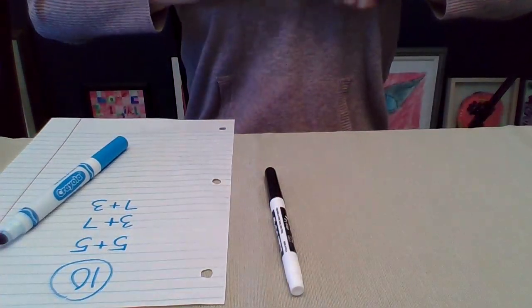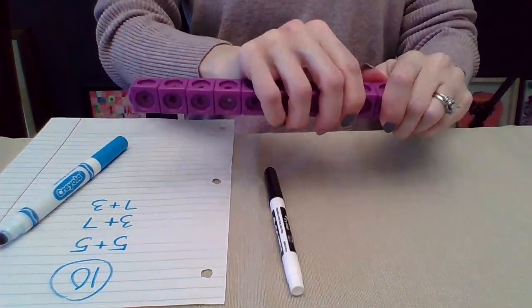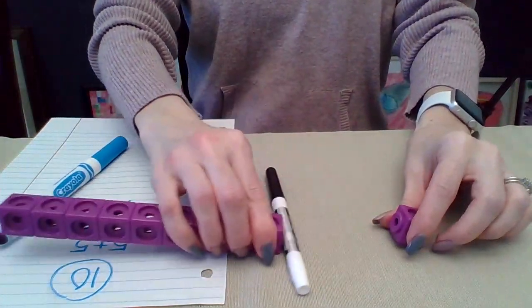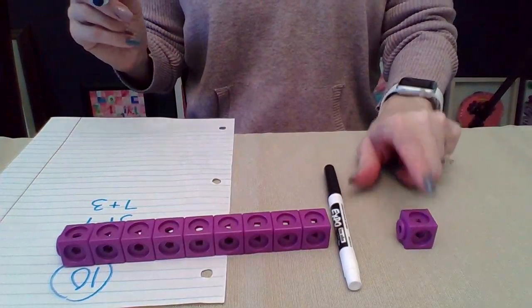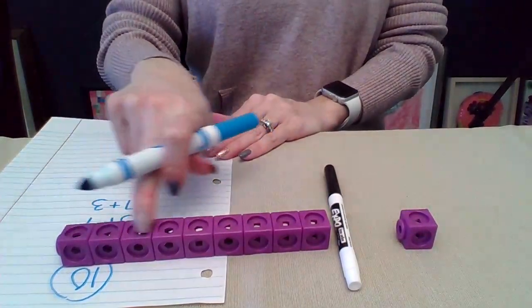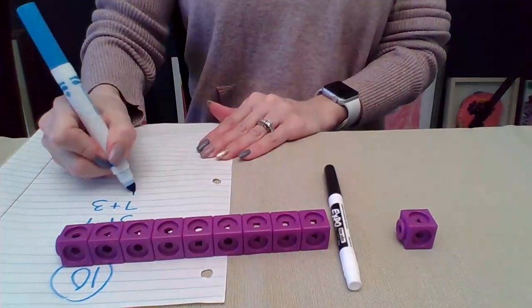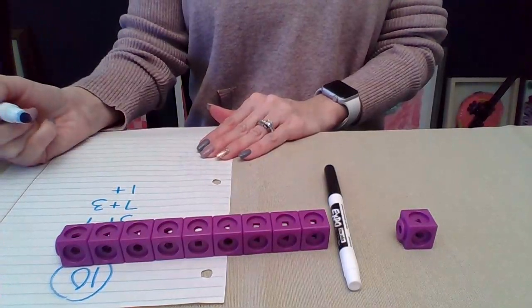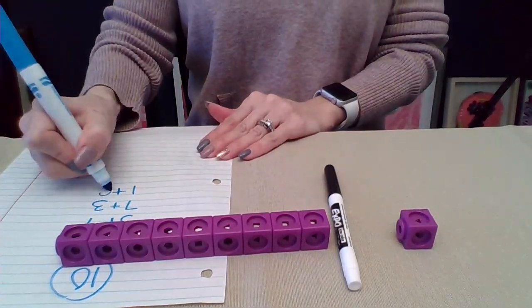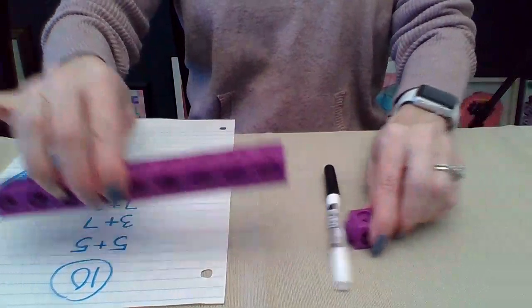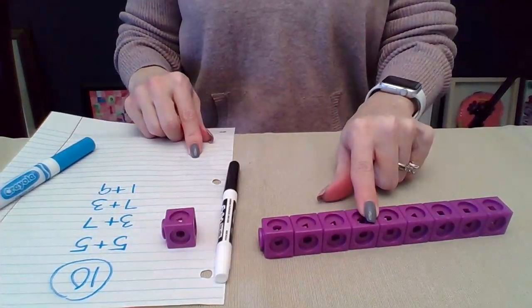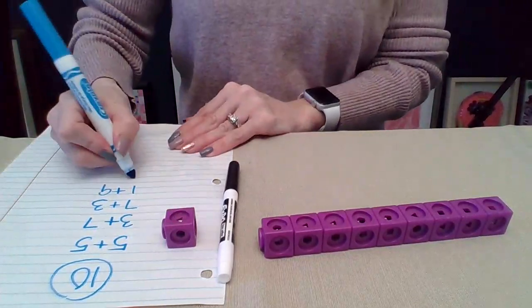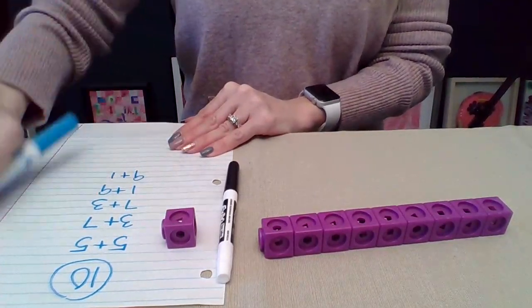Or we could do, oh, here's one. We've got 1 plus, oh, how many is that? 1 plus 9. If I do the switch, now I've got 9 plus 1.